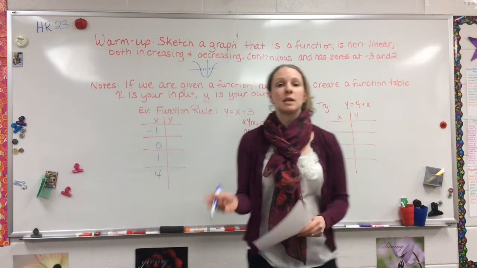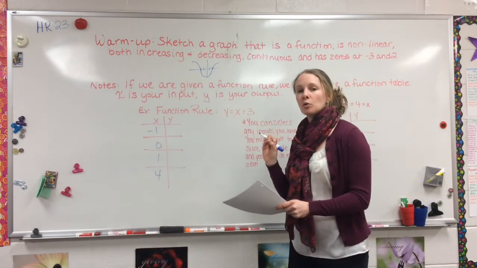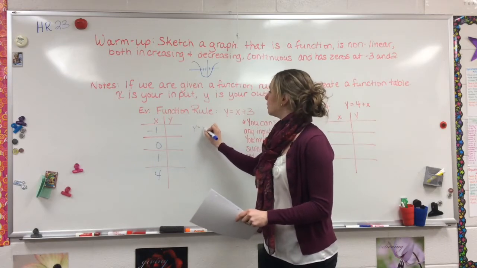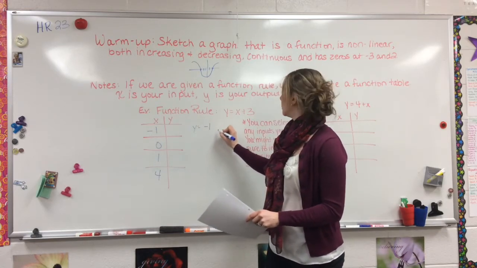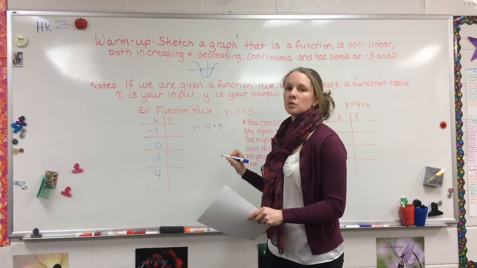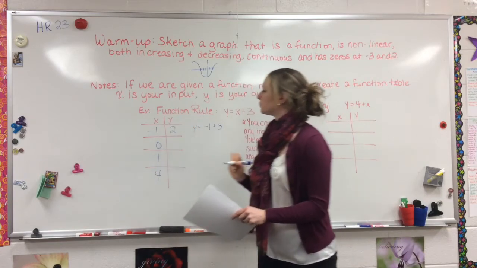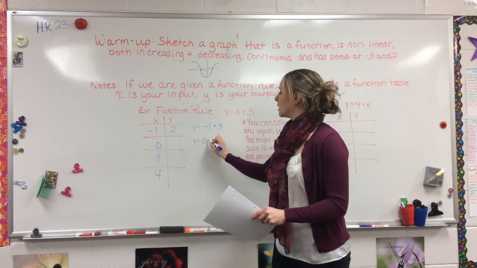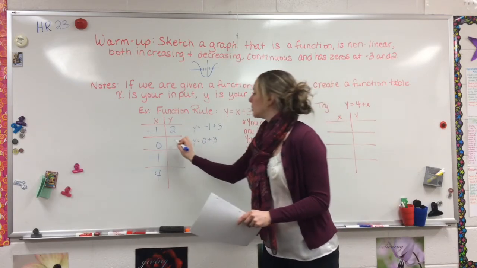Once I've done that, I'm substituting each input into the rule to find the output. So my output would equal -1, my input, plus 3, which we know to be 2. Here I would have 0 plus 3, or my output would be 3.